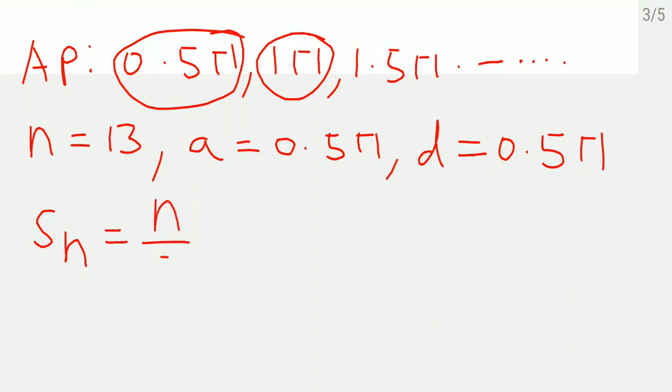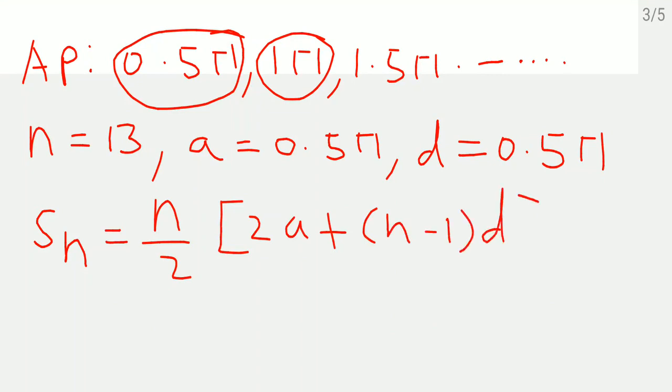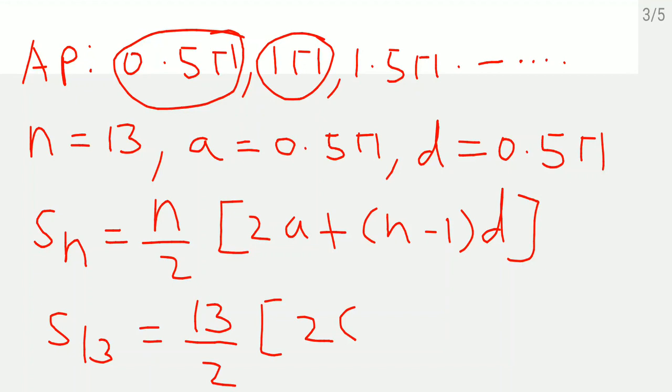Sn, which is equal to n by 2 in the bracket 2a plus n minus 1 into d. So sum of 13 terms. So n is 13. So 13 by 2 in the bracket 2, value of a is 0.5 pi, and here plus n minus 1. n is 13. 13 minus 1 is 12. And value of d is 0.5 pi.